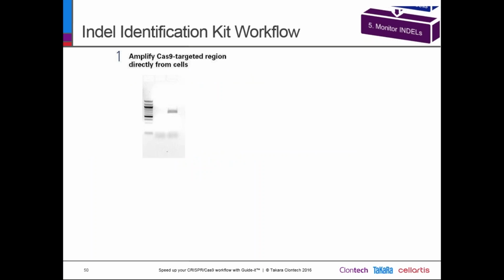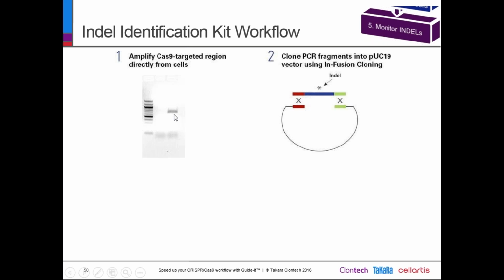So again, the first step of this kit is to amplify your target region using Terra polymerase, so again, crude extract for the PCR. And you will then clone the PCR product into the provided vector. And this kit uses our In-Fusion technology. So it's a cloning technology which is not based on ligation, but based on homologous overlaps of the vector ends with the insert. And it's a very efficient cloning technology.